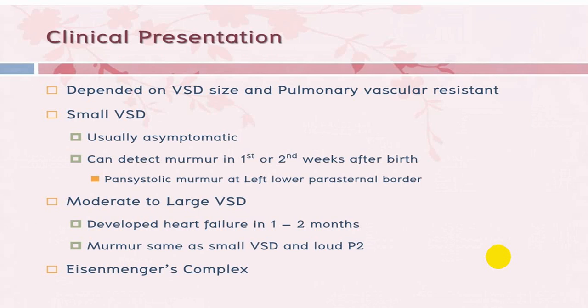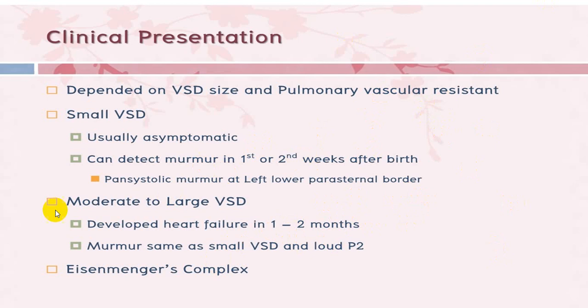So depending upon the VSD size, usually in a small or Rogers defect it is asymptomatic. The murmur is very short, not a pansystolic murmur, but a short systolic murmur. A pansystolic murmur will be very commonly audible in the presence of a large VSD, and in case of a moderate VSD. The murmur will be present in the left parasternal region.